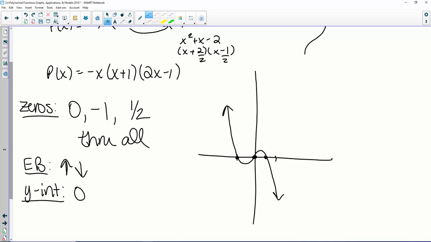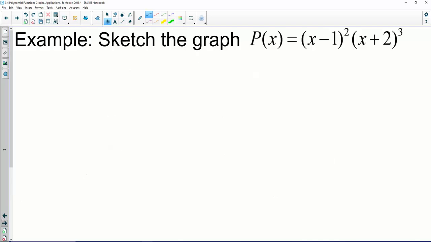Let's look at a couple that had different multiplicities to make sure we can still handle this. So if I asked for this one. I could not find our envelopes. I think they're on the zeros.